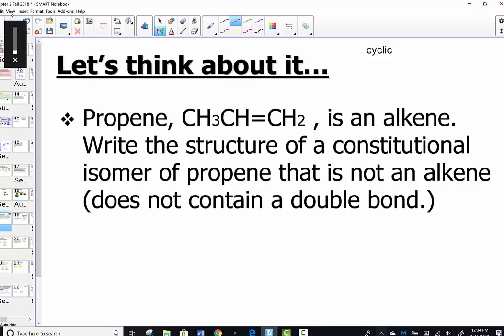Let's think about this. Oh, I gave myself a hint. Ignore that. Propene, CH3CH=CH2. It's an alkene. So if I say there's a carbon, the 3 hydrogens written directly after that carbon tell me those 3 hydrogens are attached to the first carbon.